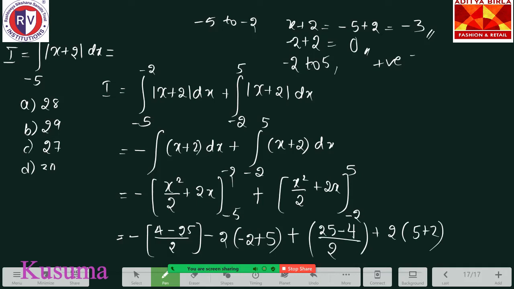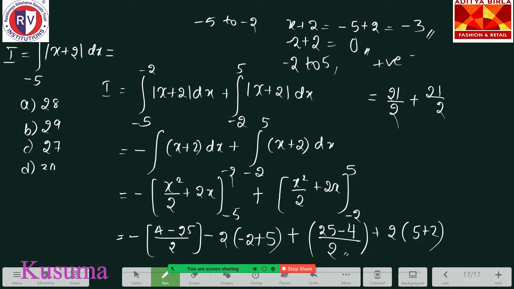So simplification of this will give us, on simplifying, 21 by 2. Here also we will have 21 by 2.